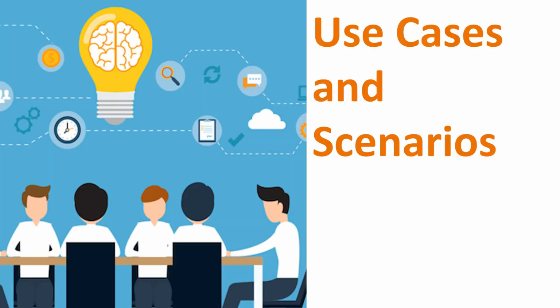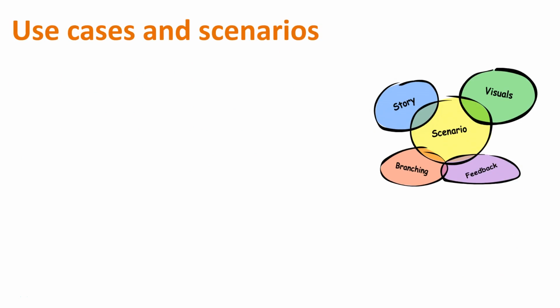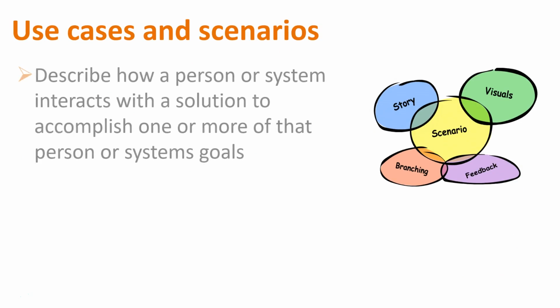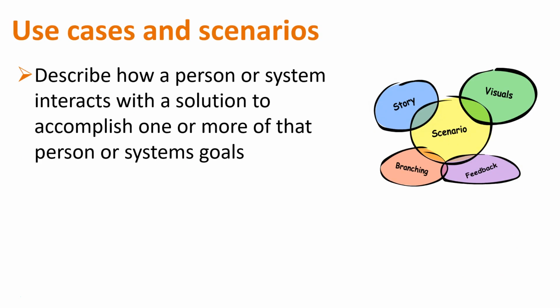Use cases and scenarios. I am an advocate of use cases. This is where you actually can explain user experience. If you were to stop at user stories, but you're trying to design a brand new solution, it's hard to take those acceptance criteria, those individual acceptance criteria, and break them down into understandable user experience.